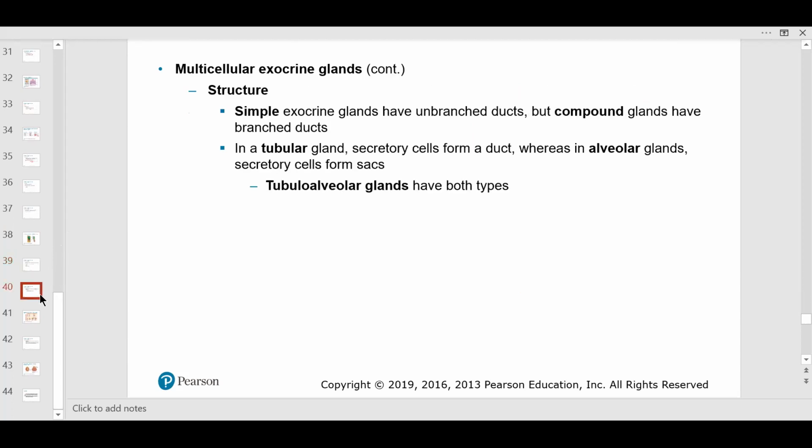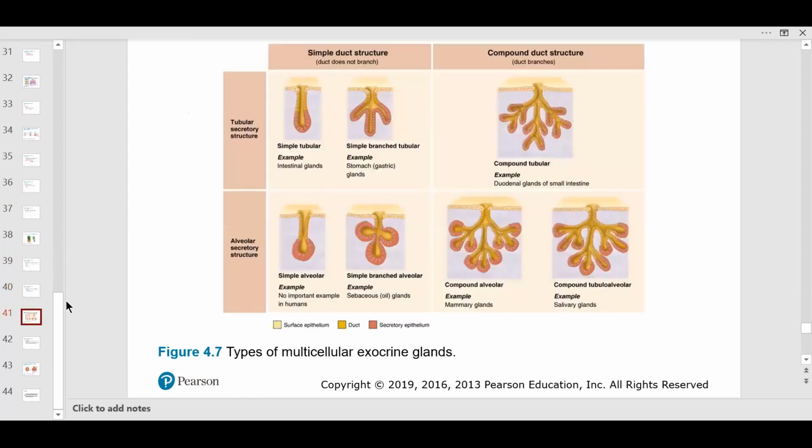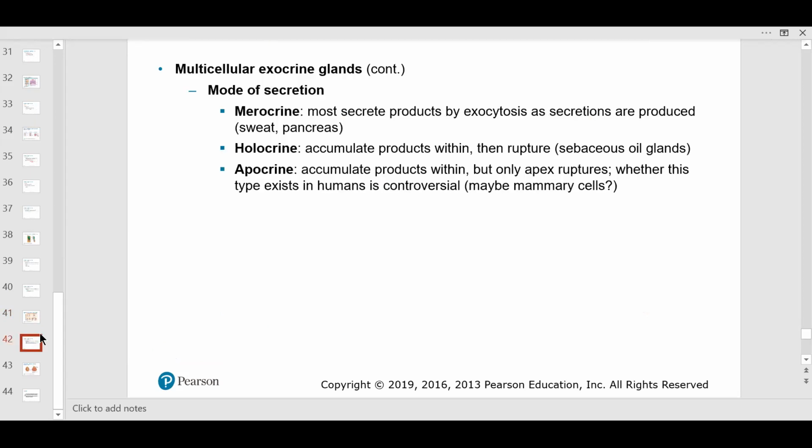So I'm not that interested in all this. Tubuloalveolar glands, I'm not going to break those down. Compound, just what this means is you have different branching types of glands. And again, this is more when you do digestive, when you do endocrine, where we talk about these. I think you have enough to worry about, right? This too, the types of secretion.